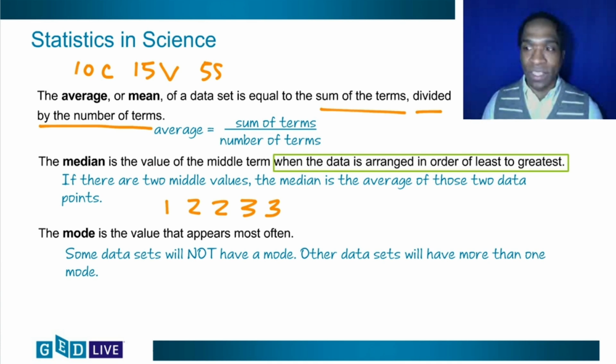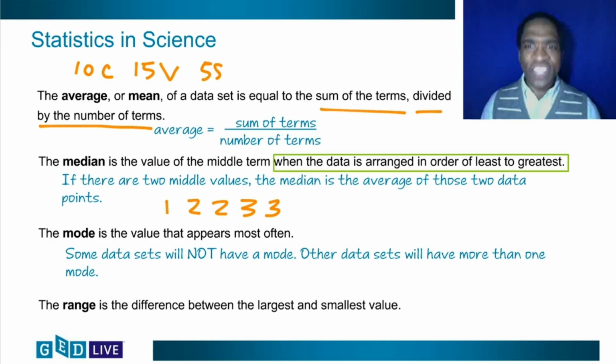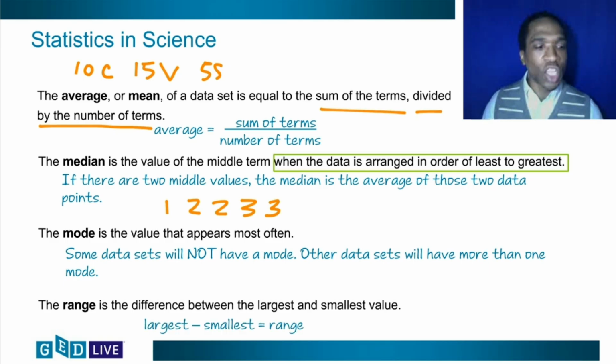Now, there's one more stat term to introduce. This also isn't on the formula guide, and that's range. So range, difference between largest and smallest. So what that means is it's largest minus smallest. Okay, so if I have my list from before, 1, 2, 2, 3, and 3, what's the range?